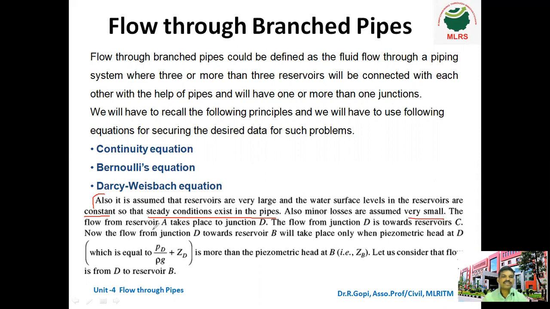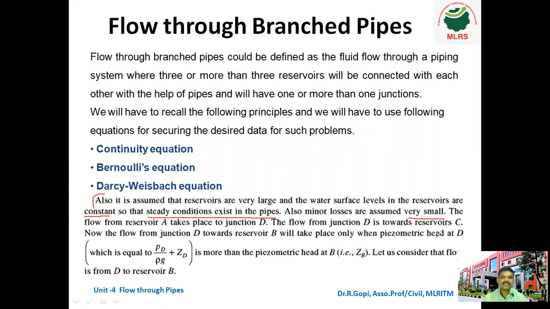The flow from reservoir A takes place to junction D. The flow from junction D is towards reservoir C. The flow from junction D towards reservoir B will take place only when the piezometric head at D is more than the piezometric head at B. What is meant by piezometric head?